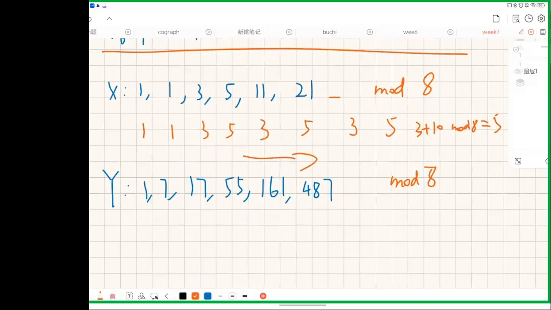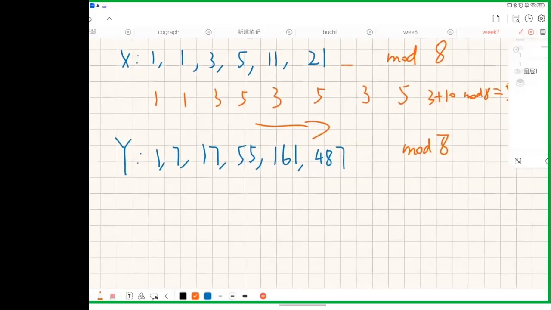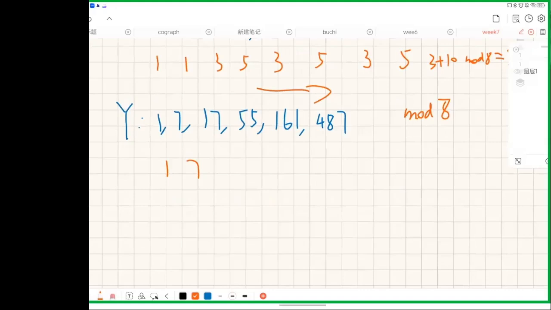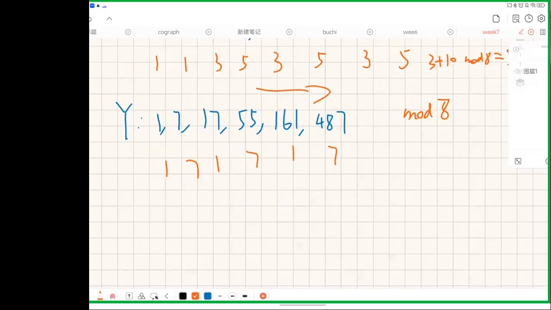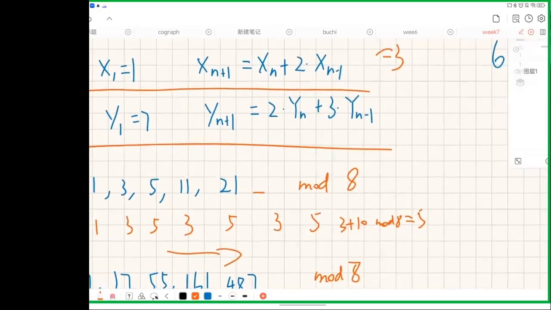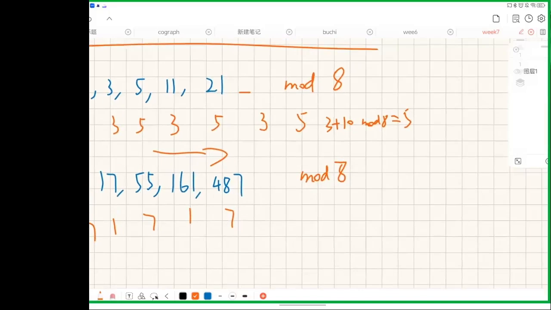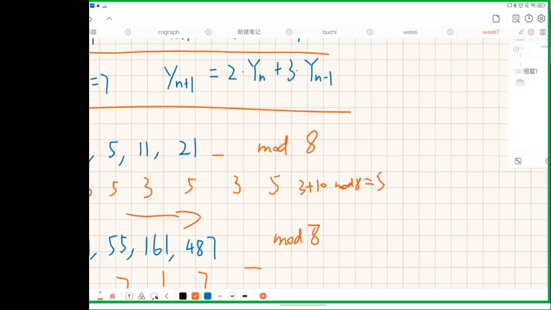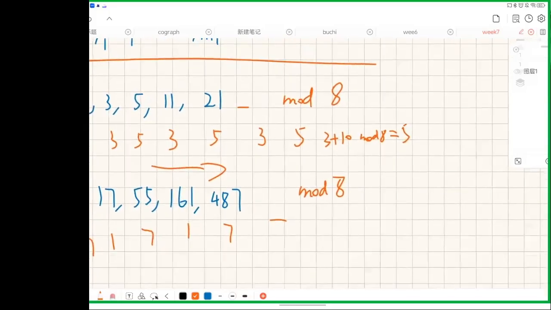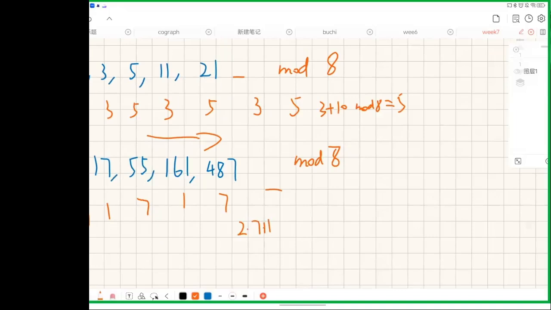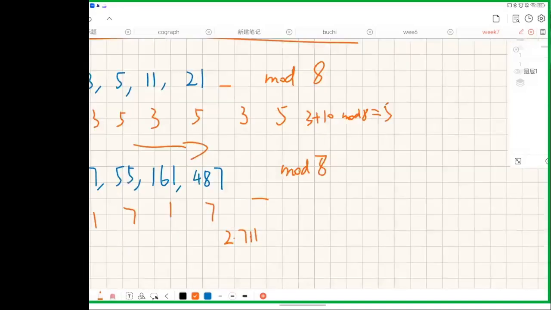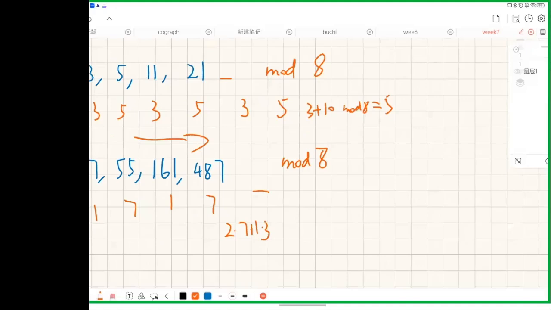And for y, what will happen? It will be 1, 7, and then 1, because 8 times 2 is 16, and then 7, and then 1 and 7. And why? Because consider the next one. It is 2 times 7 plus 1 times 3, so it equals 17.